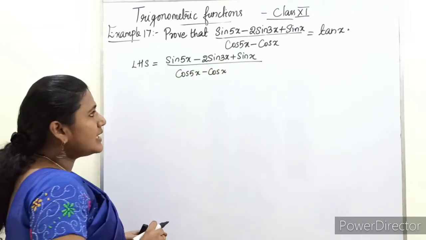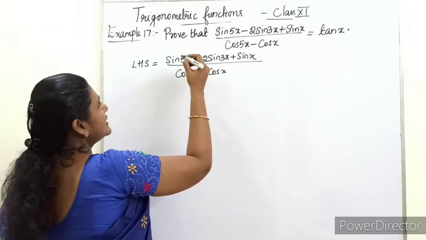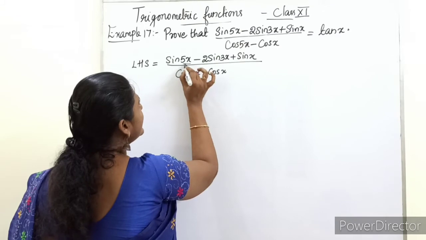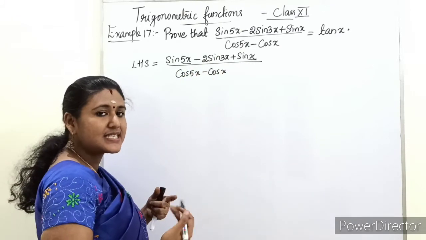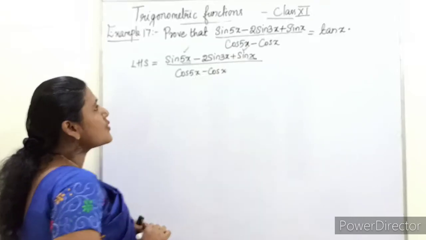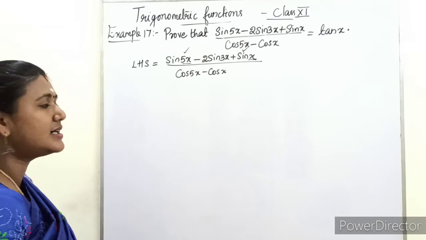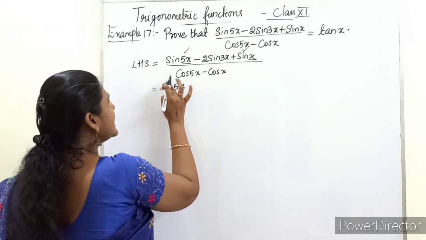So here in the numerator we have 3 terms. Which 2 terms do you have to take together? You see here 5x plus x is 6x, and 6x divided by 2 is 3x. So you have to group the first and the third term. Why are we grouping this? Because we will get sin 3x.